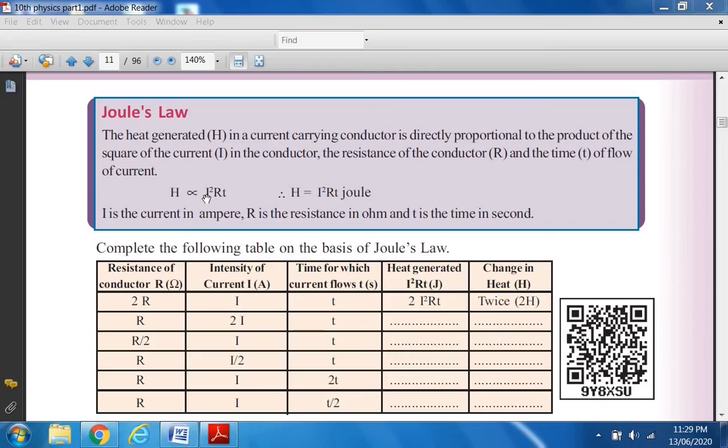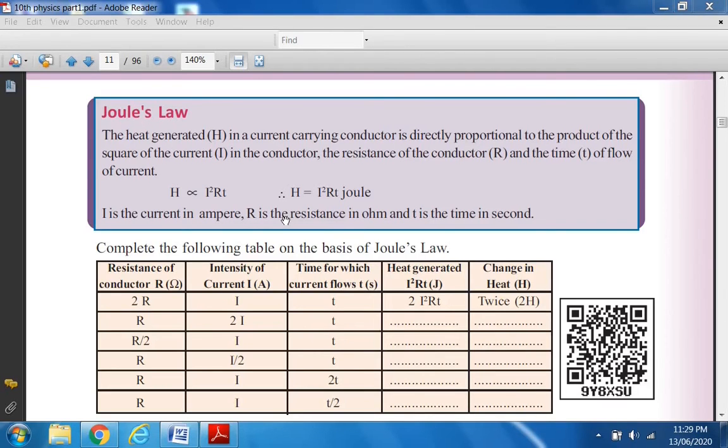Next, we know according to Joule's law, the heat produced H is equal to I square RT. We are checking which factors affect the heat energy more. For that, let's fill this table below and find out which factor mostly affects the production of heat energy.